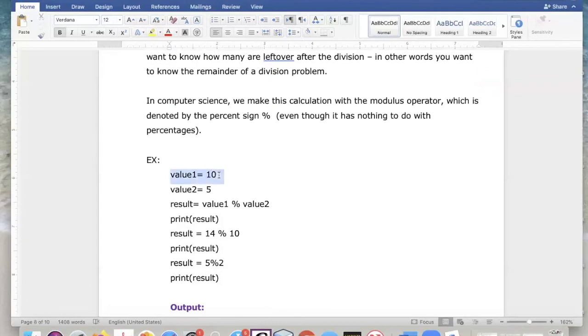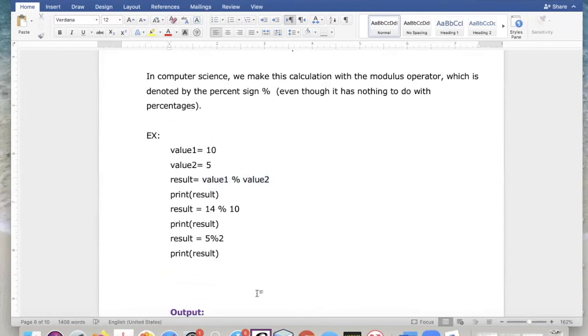Suppose we have value 1 and it's 10 and value 2 and it's 5. If we say value 1 modulus value 2, think about that, I'm going to write it down because that helps me think about how to work it out. So I'm doing 10 modulus 5. And so I would think, what is 10 divided by 5?